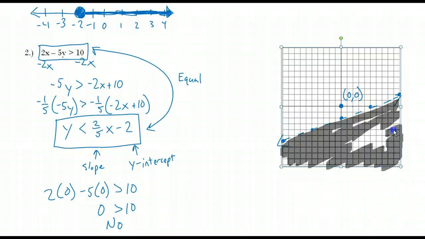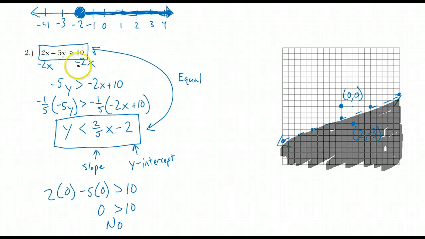Now, much like a number line, the shading represents all my possible solutions. So any ordered pair that's in the shaded region is a possible ordered pair that makes this inequality true. So if I pick this point right here, this point right here is 2, negative 3. 2, negative 3 is a solution to these inequalities.